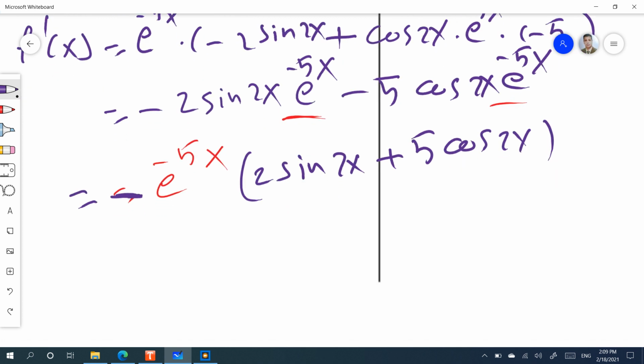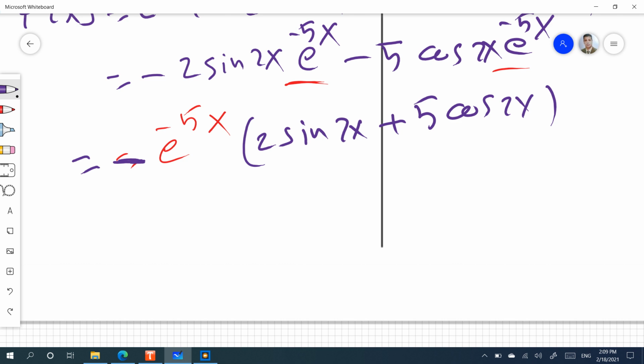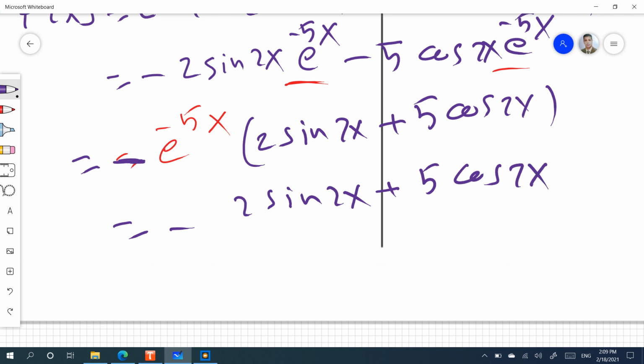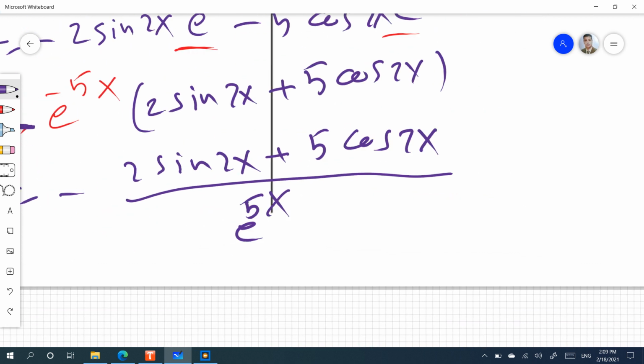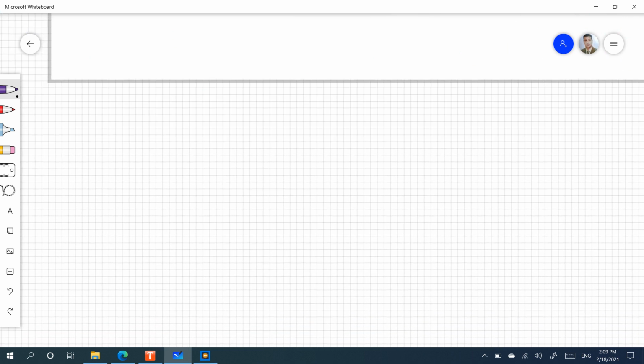Okay, and we can arrange it more and it equals minus 2 sin 2x plus 5 cosine 2x divided by e to the power 5x, and this is the derivative of this function.